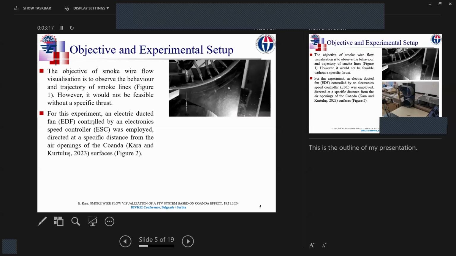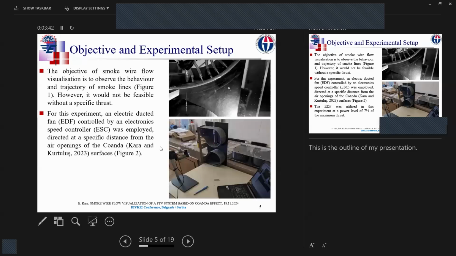For this experiment, an electric ducted fan, EDF, controlled by an electronic speed controller, ESC, was employed, directed at a specific distance so that we can see the direction of the flow because of the Coanda effect and the shape of the body, which is also given in the reference here, Kara and Kurtuluş, me and my colleague.